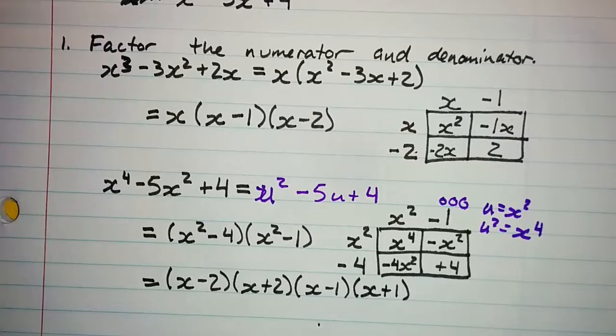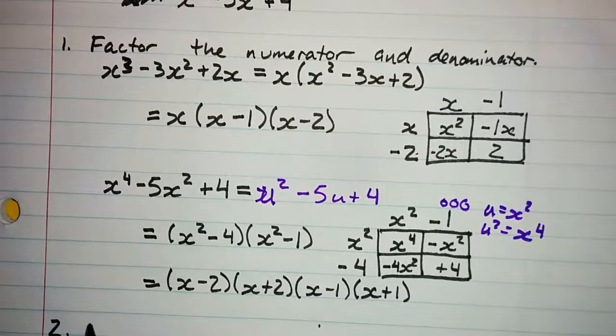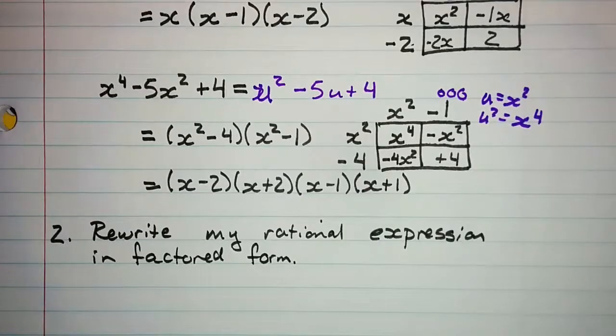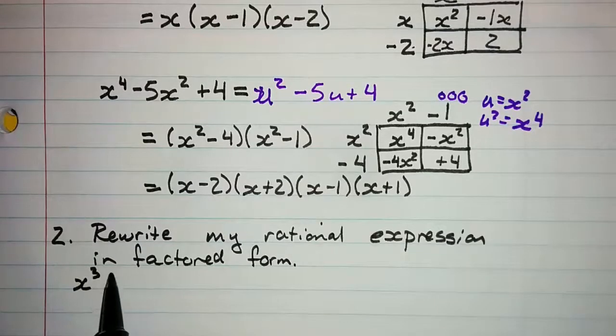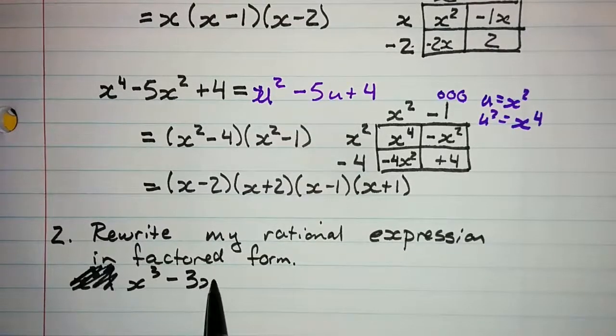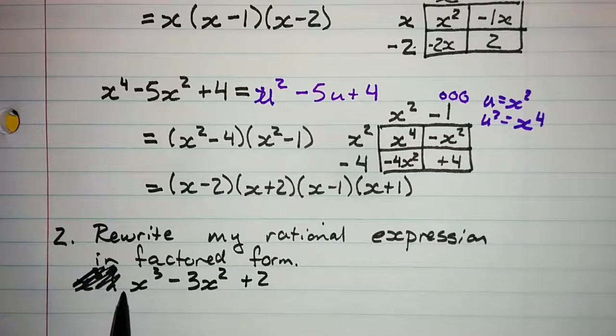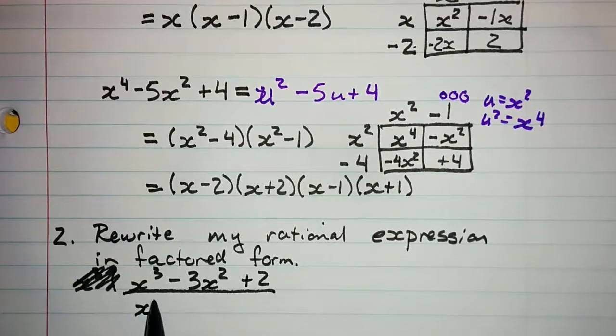All right, so I've factored the numerator and denominator completely separate from one another, just as I did, if you'll recall, when I was working with numbers. So now I rewrite my rational expression in factored form. My original rational expression was x cubed minus 3x squared plus 2x over x to the fourth minus 5x squared plus 4.